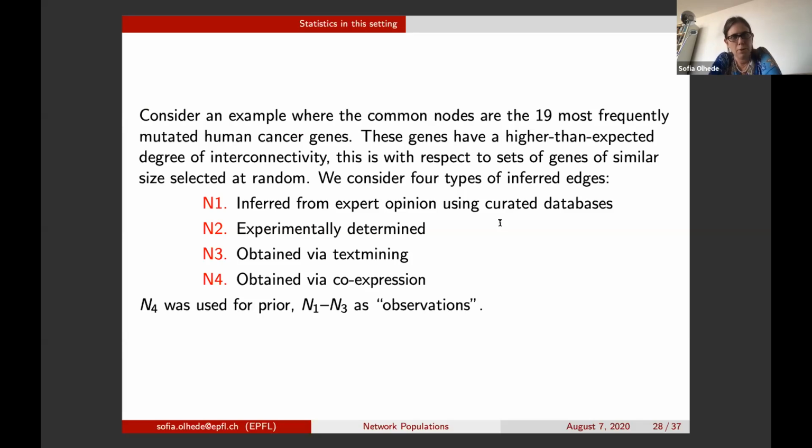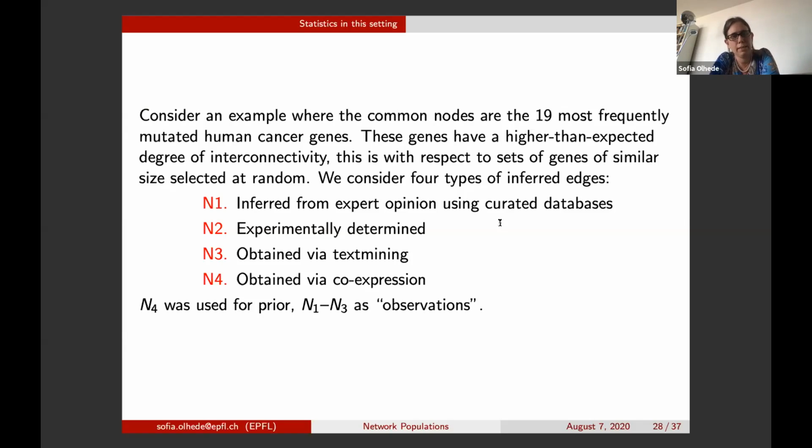Just to show you how the mechanics work and what the structures are, we're first going to see a simple example where the common nodes are the 19 most frequently mutated human cancer genes. They have higher than expected interconnectivity with respect to genes selected at random.